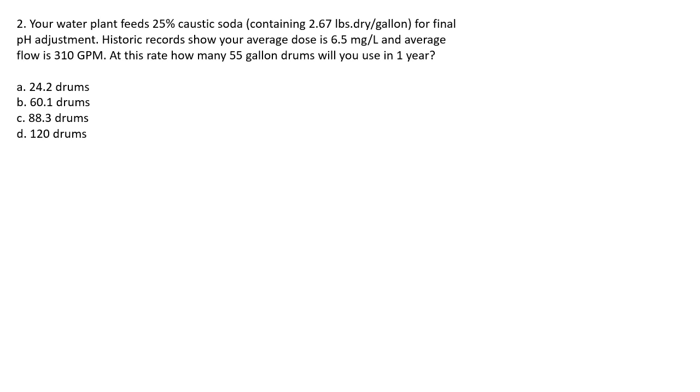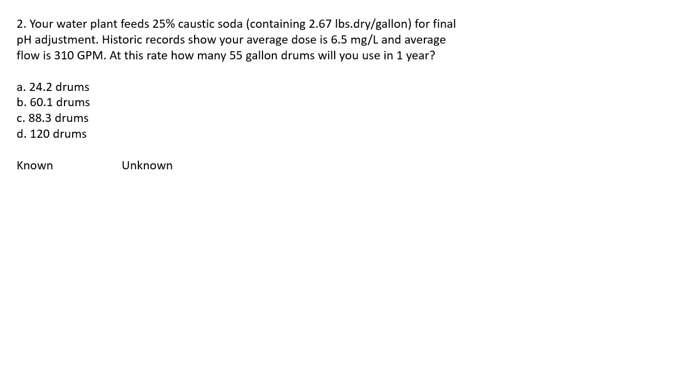Question 2. Your water plant feeds 25% caustic soda containing 2.67 pounds dry gallon for final pH adjustment. Historic records show your average dose is 6.5 milligrams per liter and average flow is 310 gallons per minute. At this rate, how many 55-gallon drums will you use in 1 year?